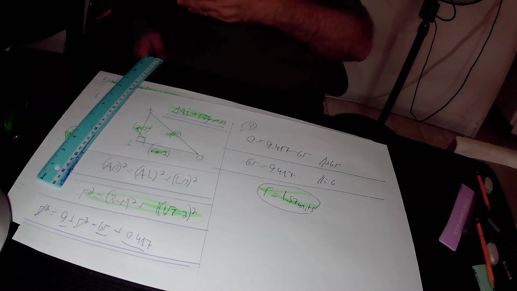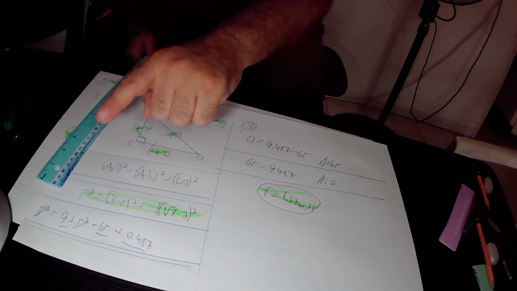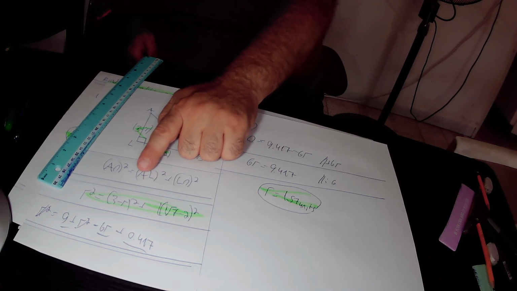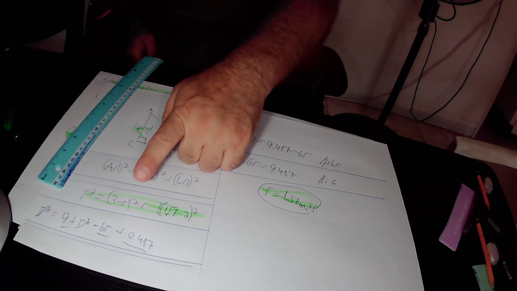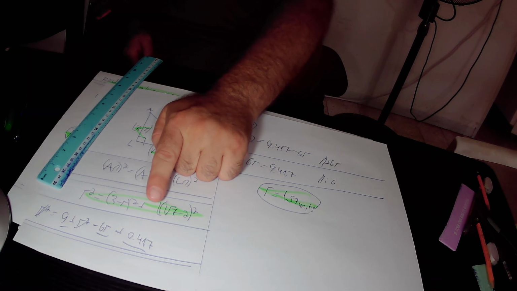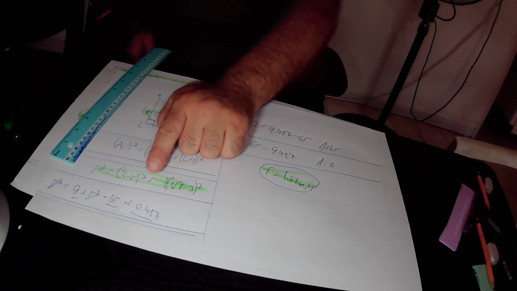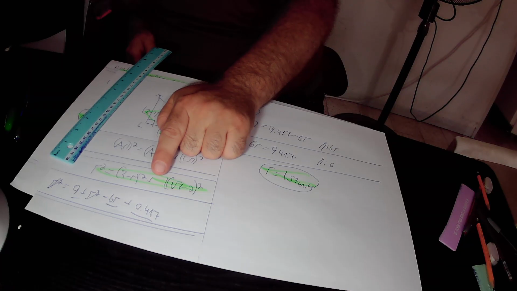So R squared equals (3 minus R) squared plus (square root of 7 minus 2) squared. Expanding, (3 minus R) squared equals 3 squared, that is 9, plus R squared minus 2 times 3 times R, that is minus 6R. The term (square root of 7 minus 2) squared in total equals 0.417. So R squared equals 9 plus R squared minus 6R plus 0.417.